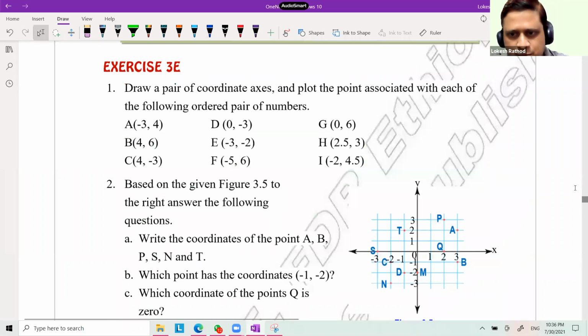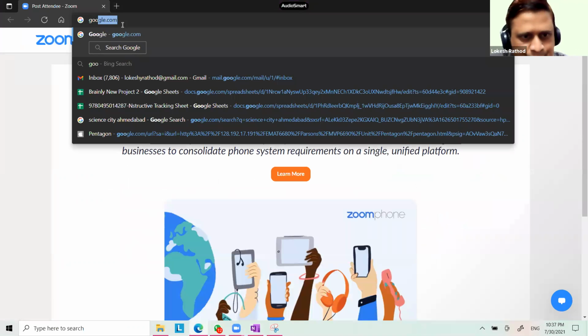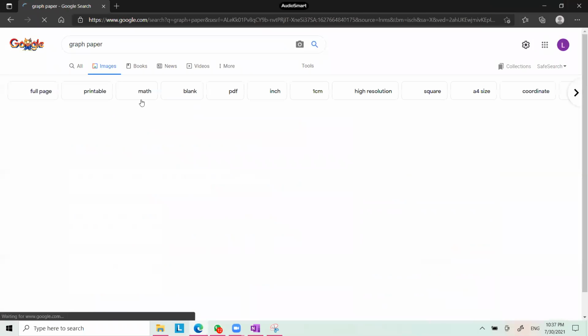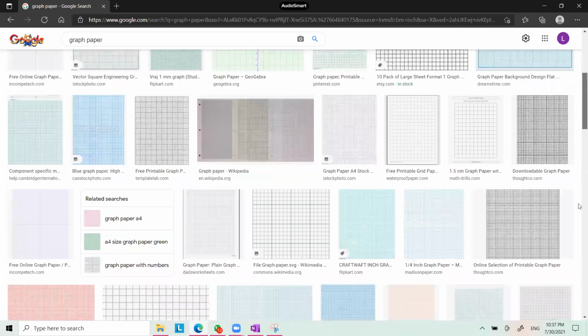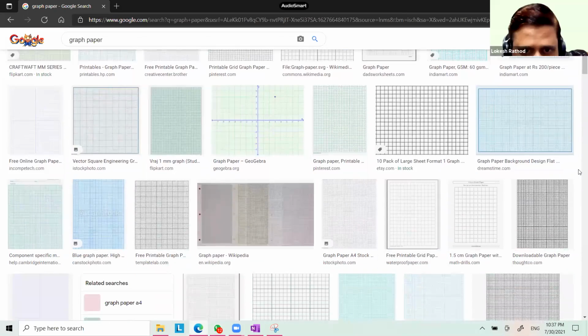Okay, so you have the question from this side: draw a pair of coordinate axes and plot the points. This can be done. Let me do one discussion. I just take one graph paper. Let's take this.